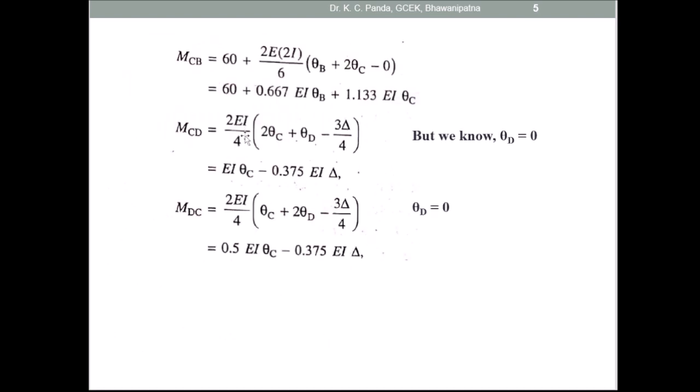MCD is equal to 2EI by 4 because MFCD is equal to 0. 2EI by 4 into 2 theta C plus theta D minus 3 delta by 4. But we know theta D is equal to 0. So here you put the value of theta D in MCD. Then after simplification, you get MCD is equal to EI theta C minus 0.375 EI delta.